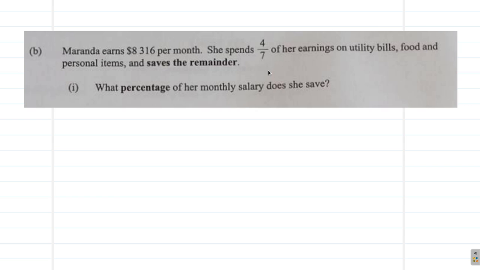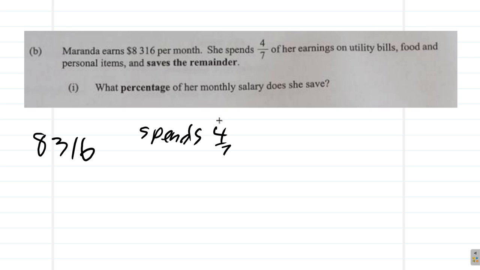Let us see. $8,316 per month. She spends 4/7. She saved the remainder. Now they ask what percentage, and they highlight percentage of her salary does she save.